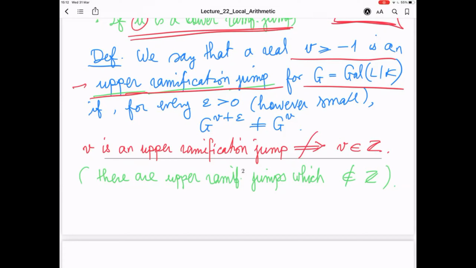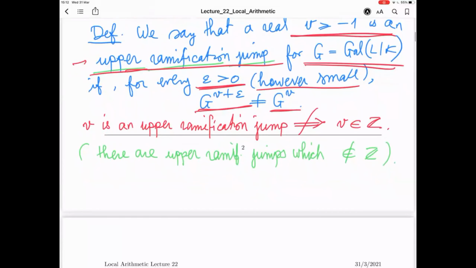So v is called a ramification break in the upper numbering, or an upper ramification jump, if for every strictly positive epsilon, no matter how small you take it to be, G^{v+epsilon} is a proper subgroup of G^v.